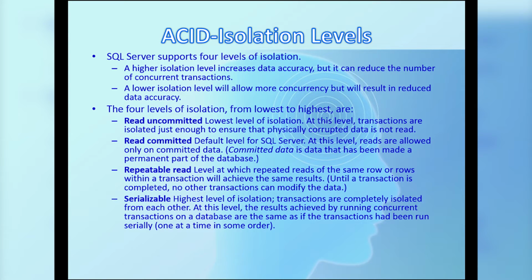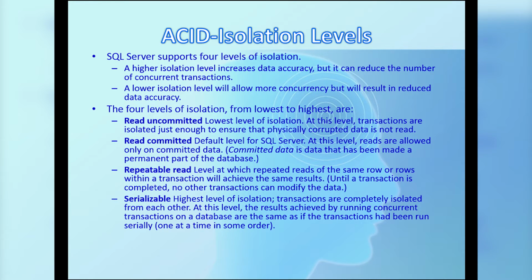The 4 levels of isolation from lowest to highest are: read uncommitted, the lowest level of isolation. At this level, transactions are isolated just enough to ensure that physically corrupted data is not read.